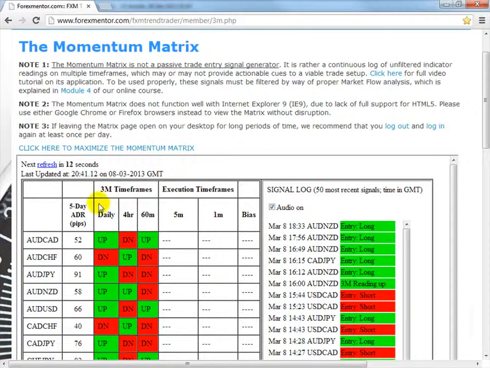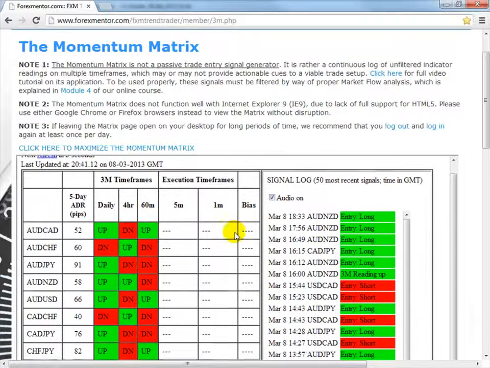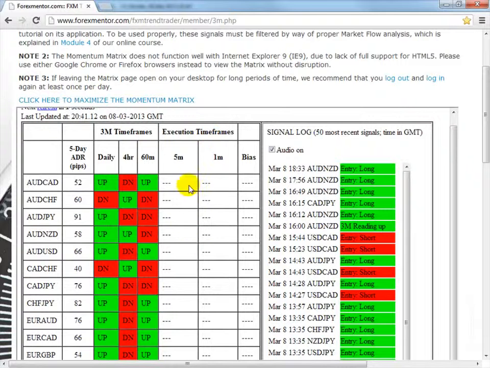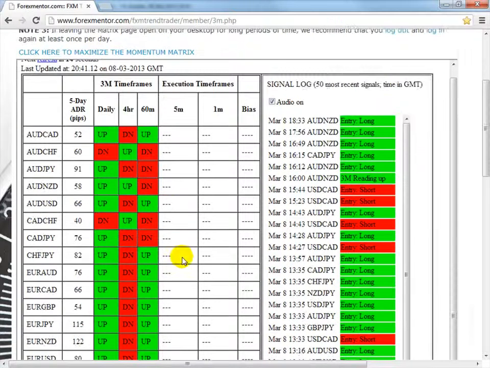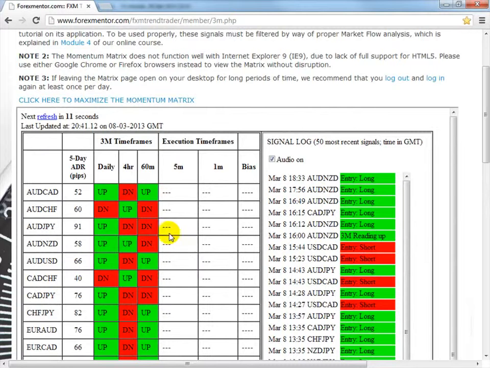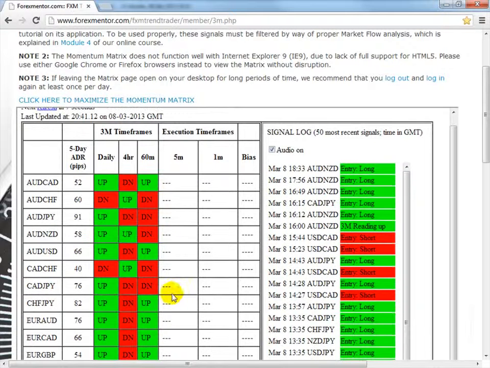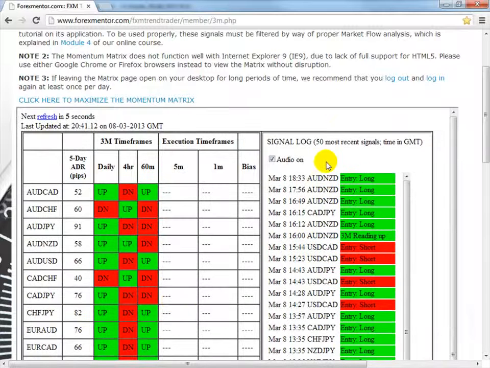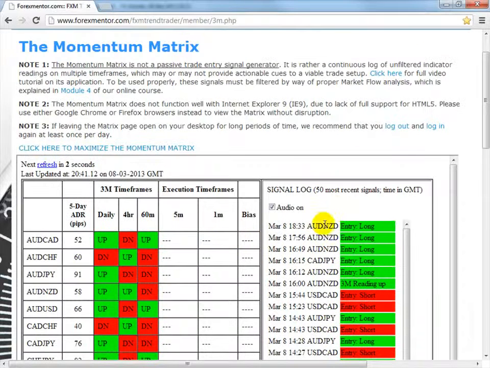Again, we're going to simply delete the daily column and then shoot this thing down to the next lower grouping of 3 timeframes instead: 4-hour, 60-minute, 15-minute charts. And then the execution timeframes will light up when you have a so-called triple screen or 3M reading, which is the same up or down reading across all 3 timeframes based on the latest 2-bar histogram slope, and then we have a signal log as well. So this will provide a useful real-time guide to direct your attention to potential tradables.